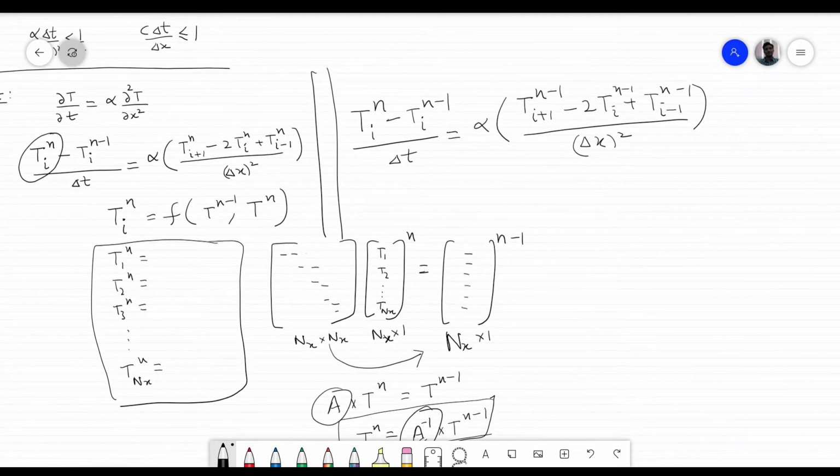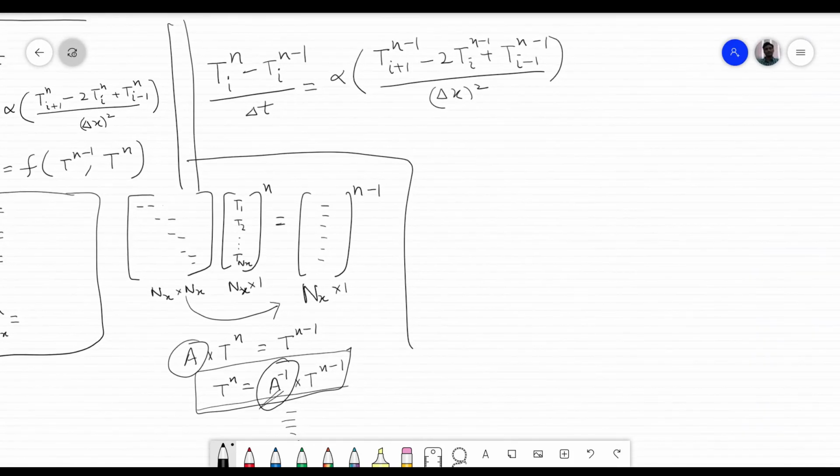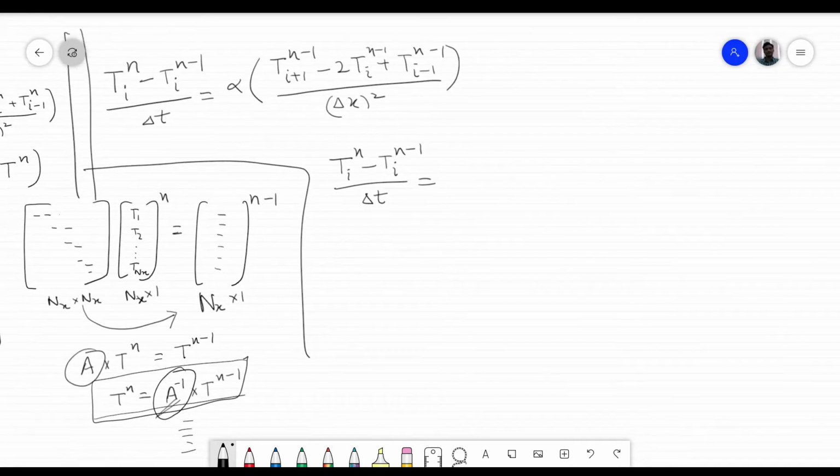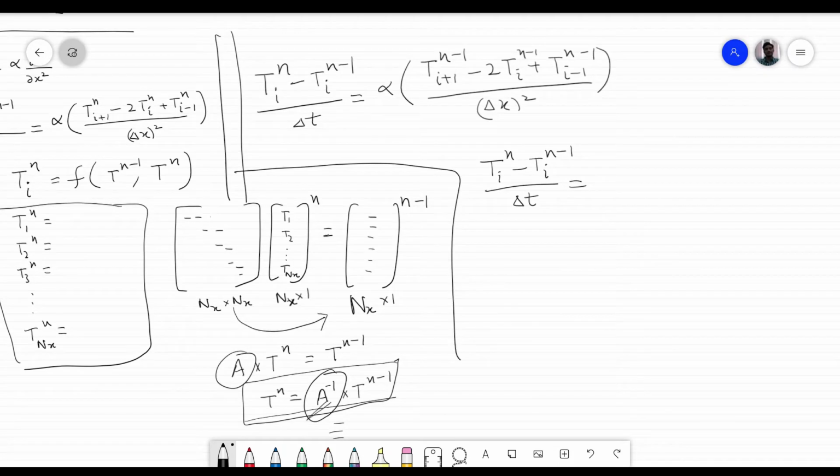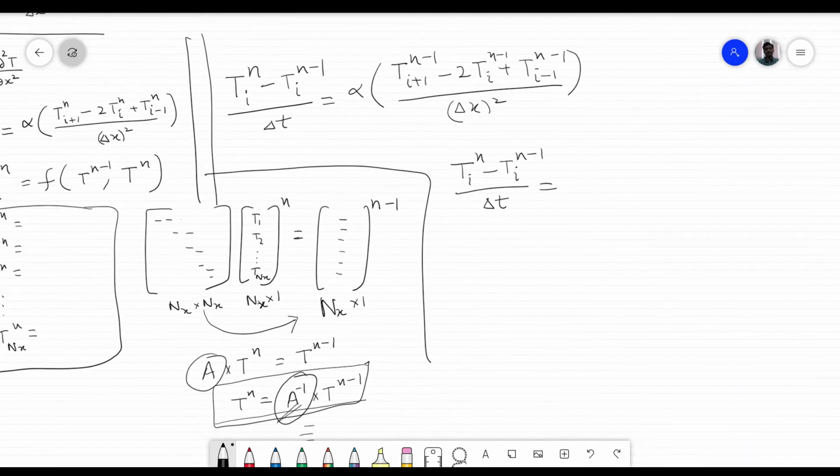Now let us take a sum of both of these or average of both of these. On the left hand side, you can see both the terms are same. So when you take average, it will become Tn minus Tn minus 1 by delta T. This will remain the same. On the right hand side, you can see that it is an average of this right hand side at two different times, n and n minus 1.